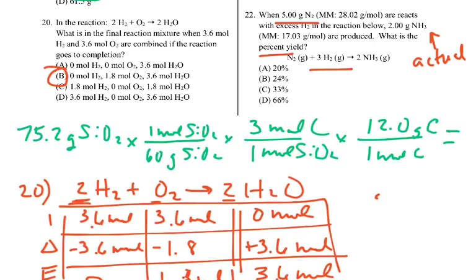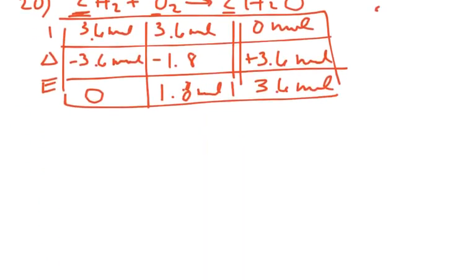So I'm going to move down here to give myself some room. Let's change colors. So now I'm on question 22. So if I have 5 grams of nitrogen, I want to find out how many grams of ammonia I really get.